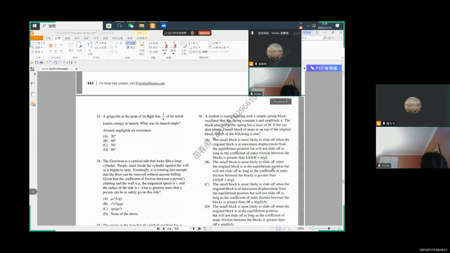Yeah. I think it would sign off on the equilibrium, and then the friction has to be... is it making sense?